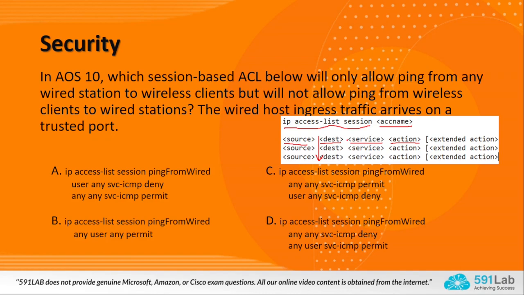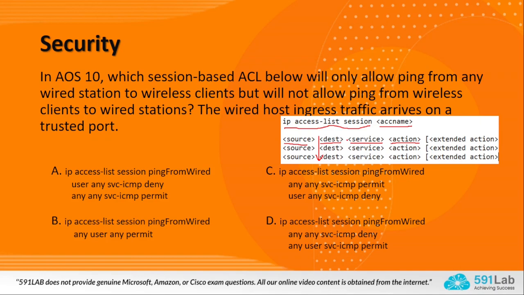Let's go through the others. Option B. This ACL allows any traffic from any source to wireless users and blocks all traffic from wireless users. The question says allow only ping from wired host to the wireless users, but not all traffic. So this is not correct. Option C. The first rule is allowing ICMP traffic from any source to any destination.